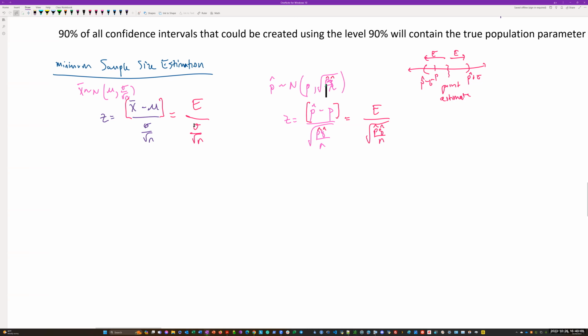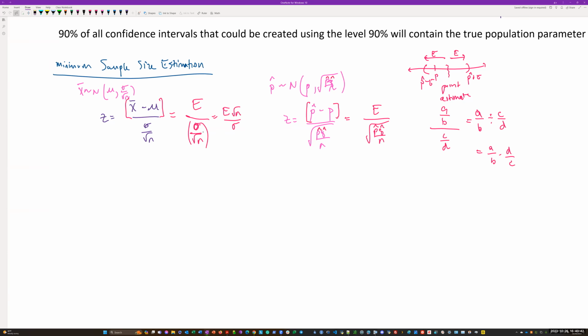All right, now I got to solve for n here. So this thing is dividing by this fraction. If you divide by a fraction, you have to flip it over. Does that make sense? So if we flip this over, this square root of n is going to go to the top.